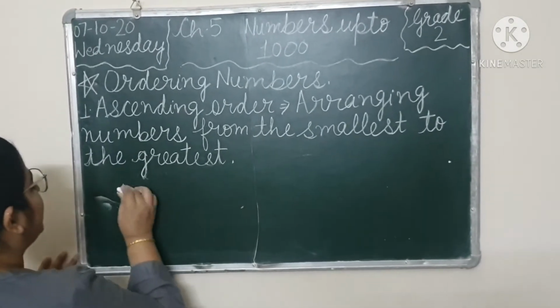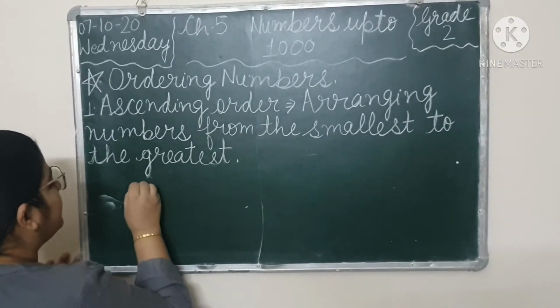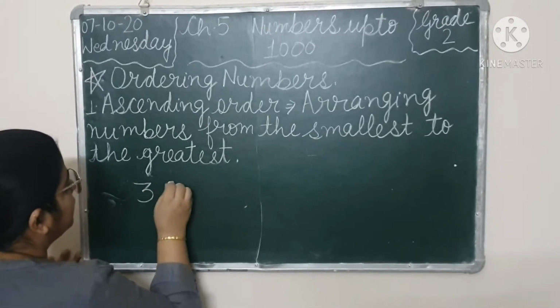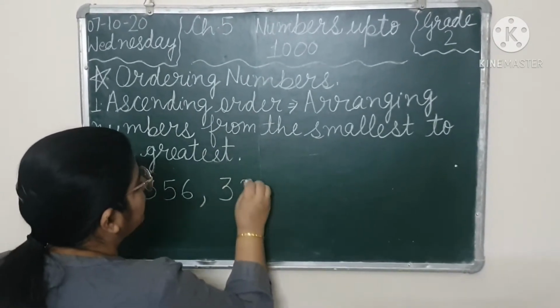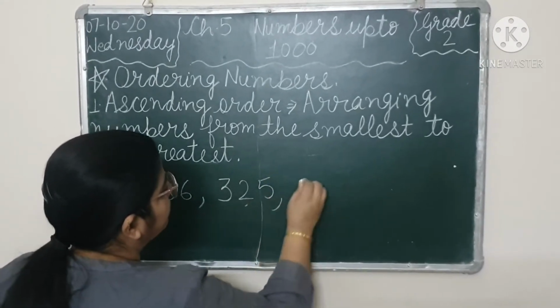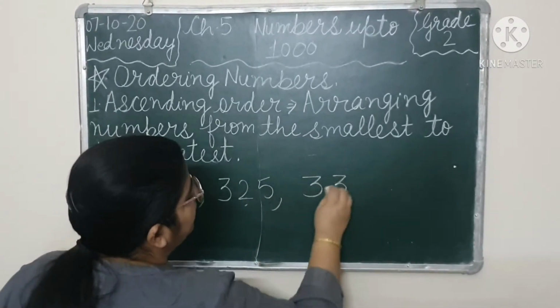So we take another example: 356, 325, 338.